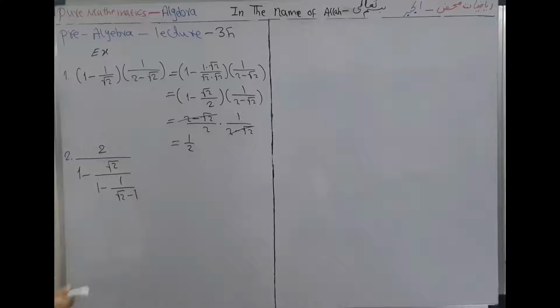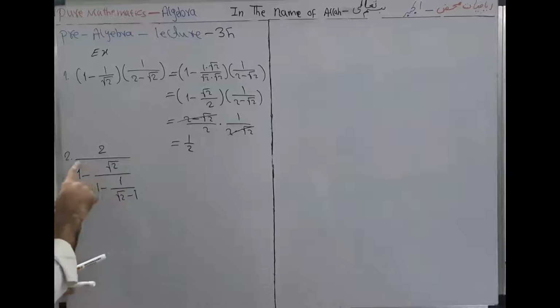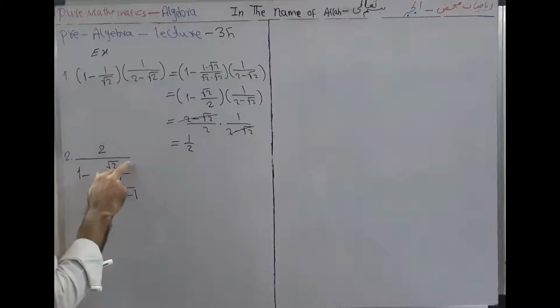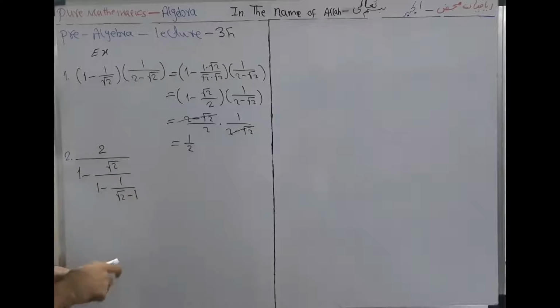We want to solve this question. Here it is the common fraction line, the final fraction. From the beginning we want to rationalize this fraction.